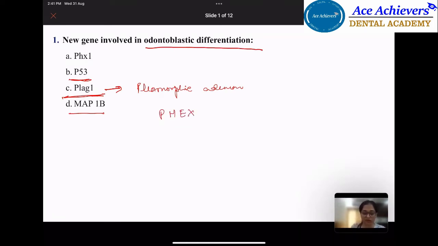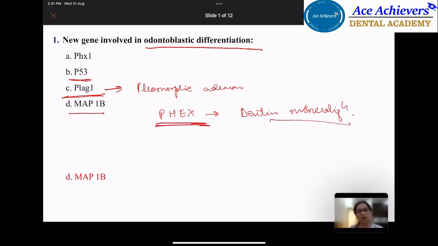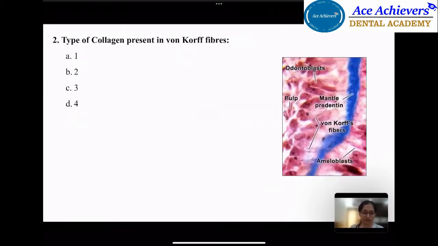This gene is responsible for dentine mineralization. So the correct answer here is MAP1B. Maybe next time they might ask about the PHEX gene, so you can remember this. I hope this question is clear to you all.